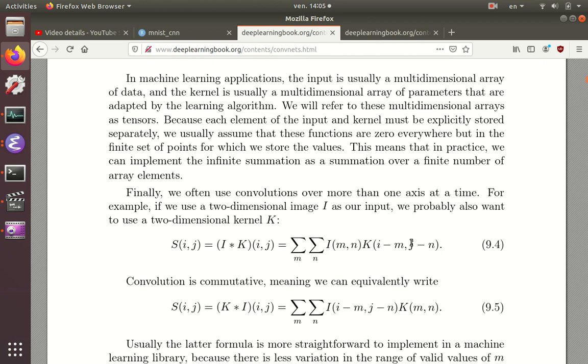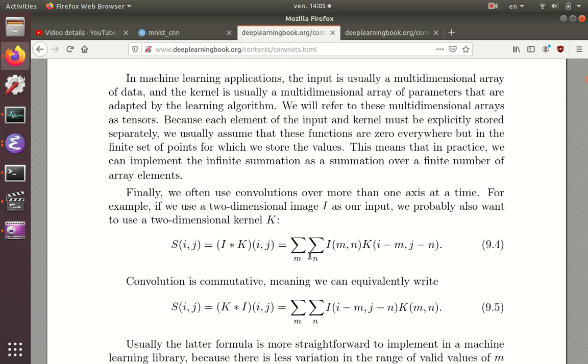So what does that mean? It means that the convolution output at position ij is going to be equal to the sum of applying a multiplication of the value in the image times the weight in the kernel in some neighborhood around that ij.